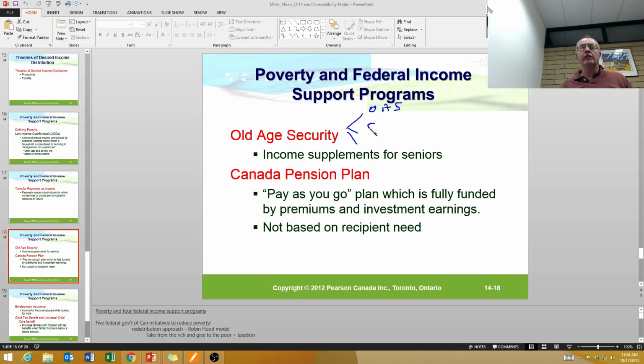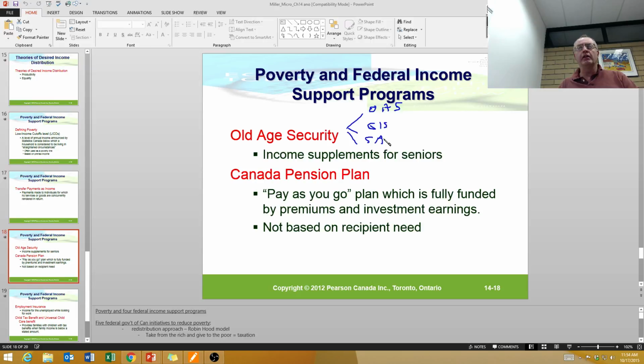And then we also have the GIS, guaranteed income supplement, that's paid to seniors with little additional income. It's non-taxable, and there are different rates for married and unmarried recipients. And then finally, we also have a so-called spousal allowance.